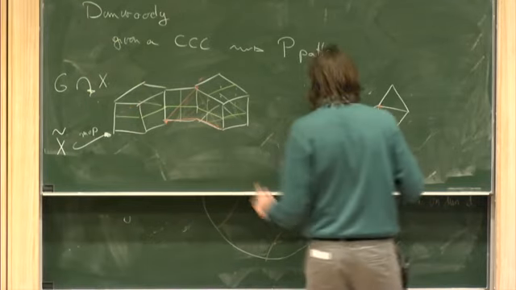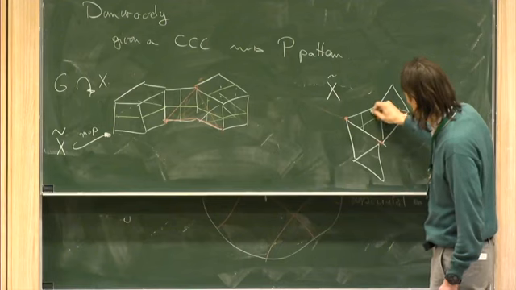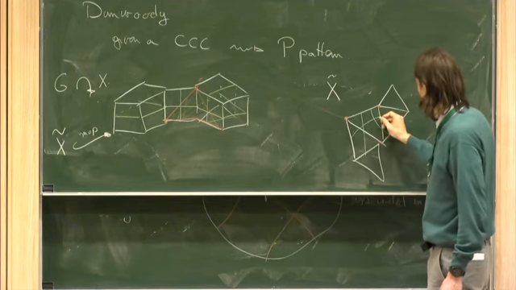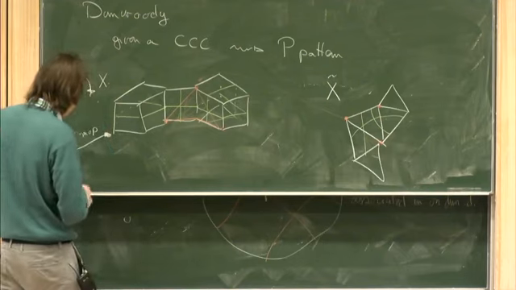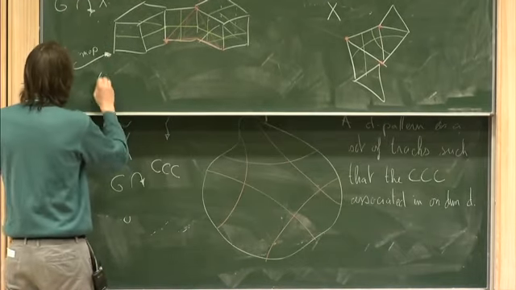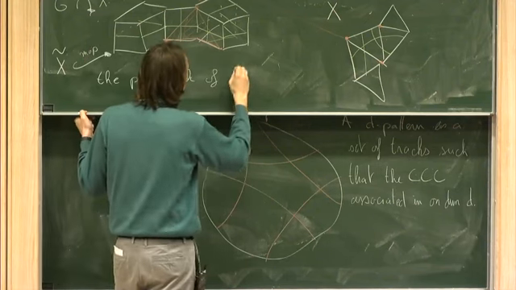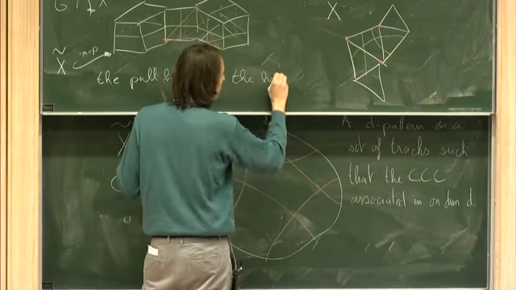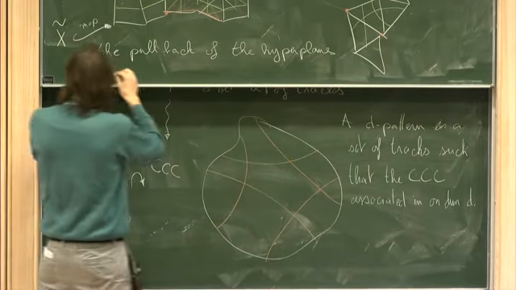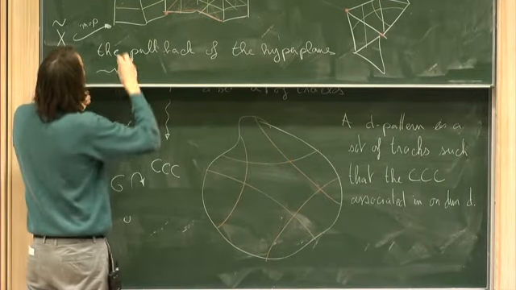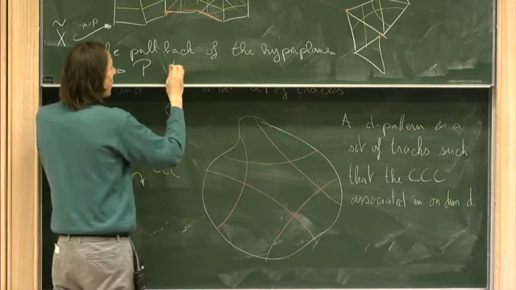So in this case, I have three hyperplanes, and the pullbacks of the hyperplanes in green are actually going to give me a pattern.